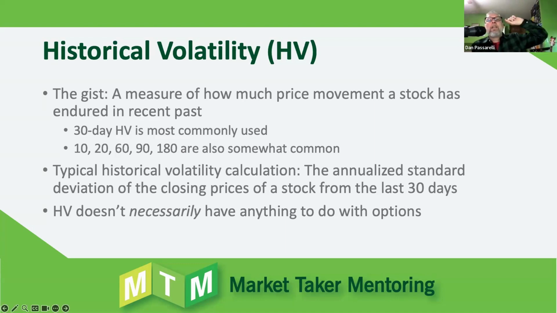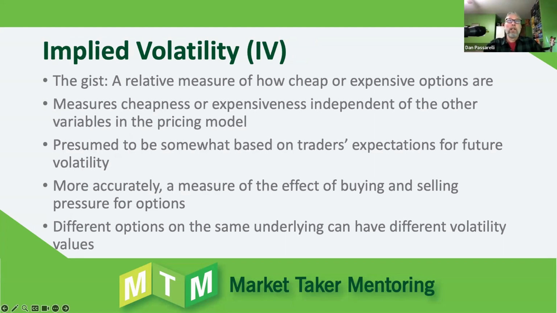We're literally just taking the closing prices from the last month, finding the standard deviation, which is a fairly straightforward calculation. You can look it up. And then we annualize that month to make that 1 month representative of a 1 year period. I didn't even mention the word options in that definition because even stocks that don't trade options, you can calculate the historical volatility on them.